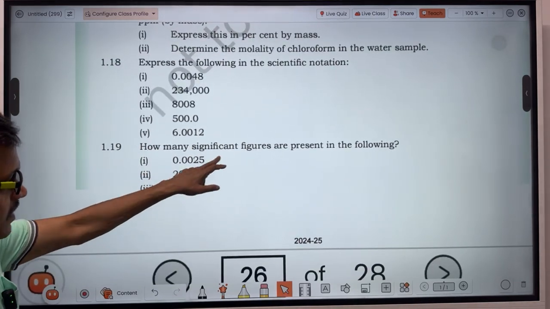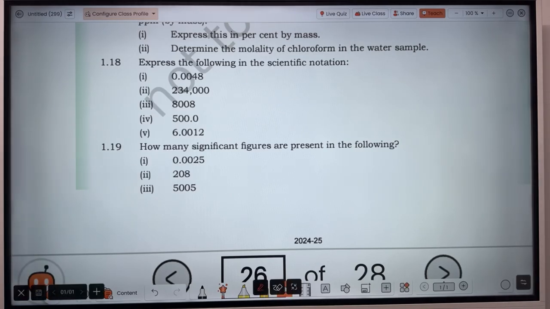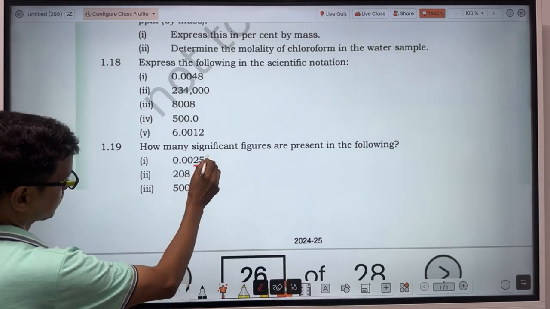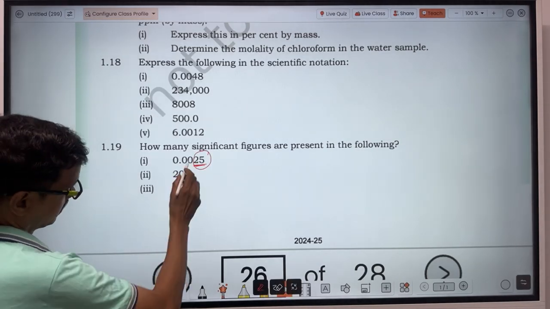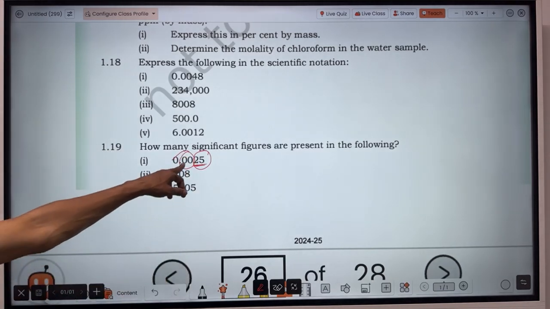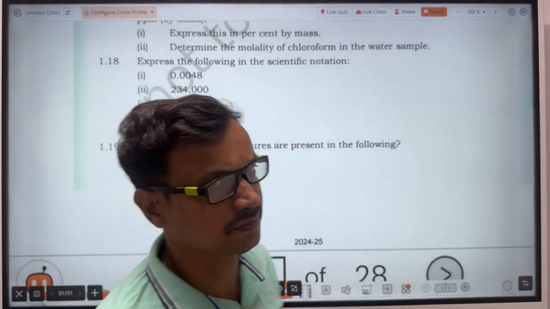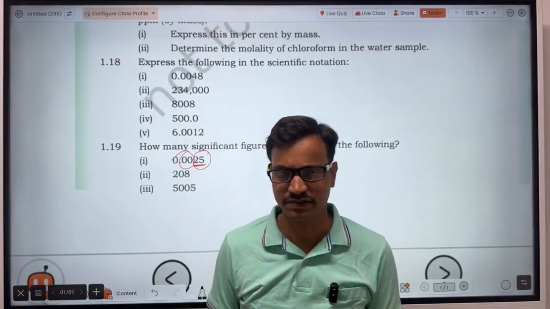How many significant figures are present in the following? So here, 0 is left to the decimal. Here the significant figure is only 25, because this 20 represents the position of this one and not the significant figures. Actually, the significant figures is based on the calculation values.